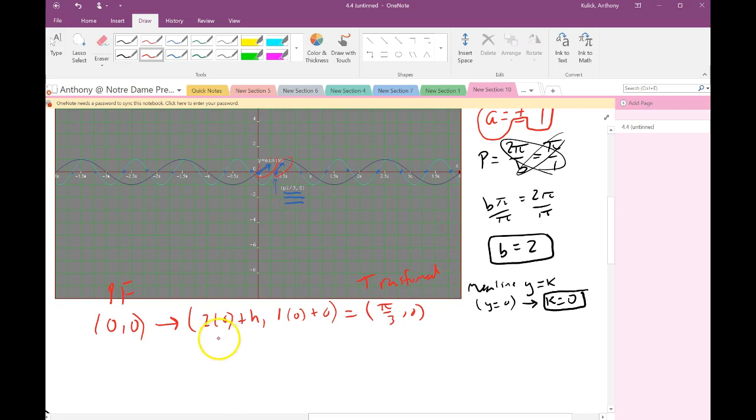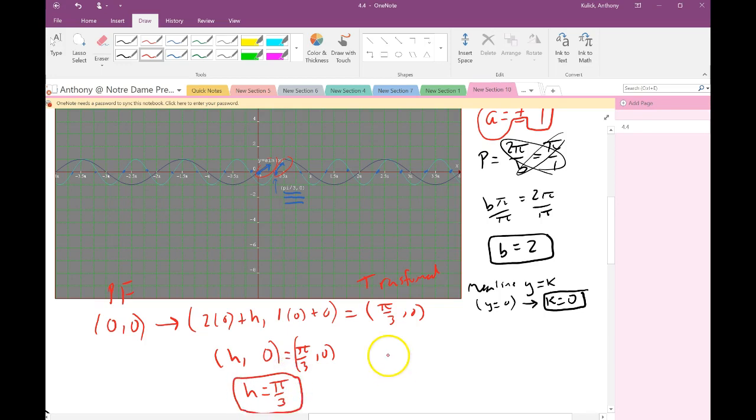So if I do that, 2 times 0 is 0, and 0 plus h is h, and 1 times 0 plus 0 is 0. So that tells me then h is equal to pi over 3, because the x coordinates there must be equal.